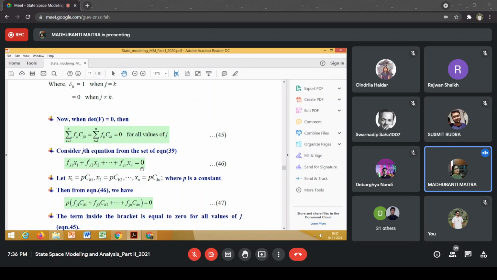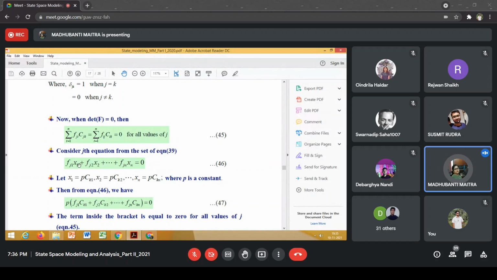Now let us assume that x1 is equal to p into ck1, x2 is equal to p into ck2, xn is equal to p into ckn, where p is some constant. Then this equation can be written as p into fj1 ck1.